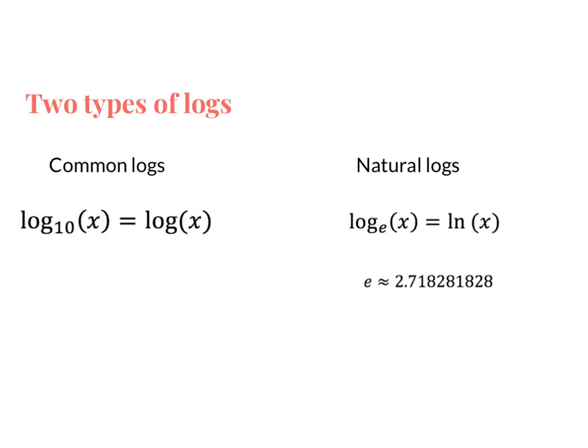Now there are two types of logs that our calculator has stored for us. That is our common logs, which is anytime we have a log base 10, we just drop off that base of 10 and write it as just log of x. So it's implied that anytime we see a regular log, it is base 10.